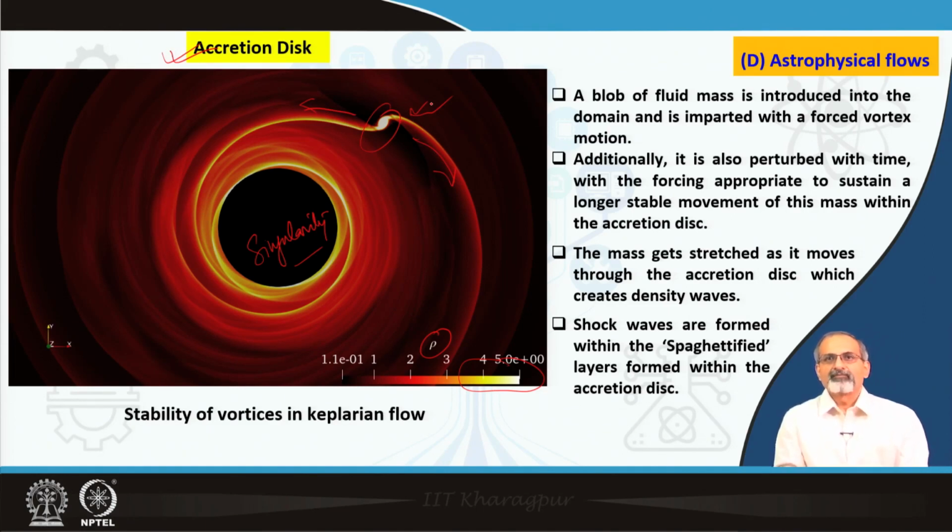Shock waves are formed within the so called spaghettified layers formed within the accretion disk. As the mass gets stretched as it moves through the accretion disk, we say that layers of spaghetti like features are formed, and within those layers we do not only see density waves, we also see shock waves embedded.